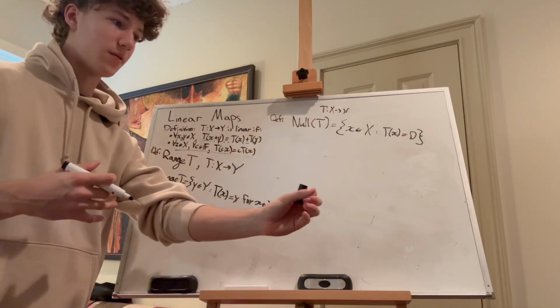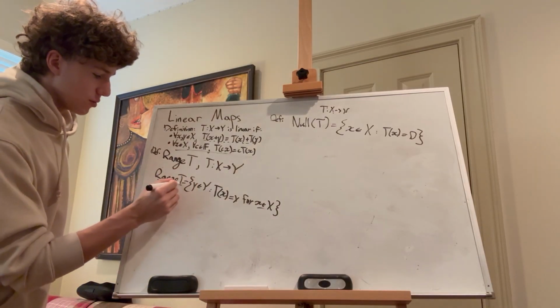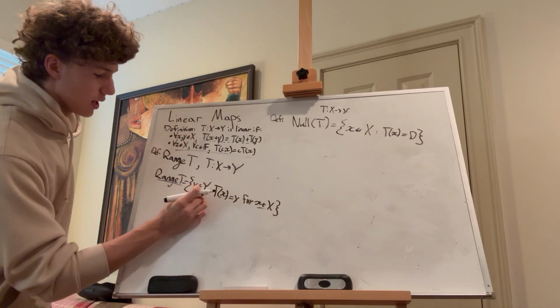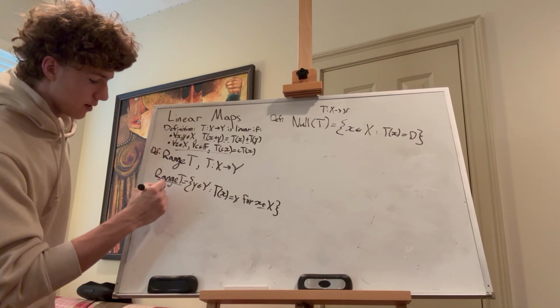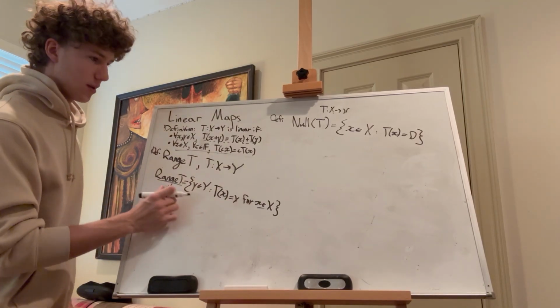They leave out some stuff, but sometimes they do, and those are called surjective functions. A function is surjective if it hits everything in Y, its codomain. And if range of T is equal to Y, that means it's surjective. That makes really intuitive sense just by the definition.